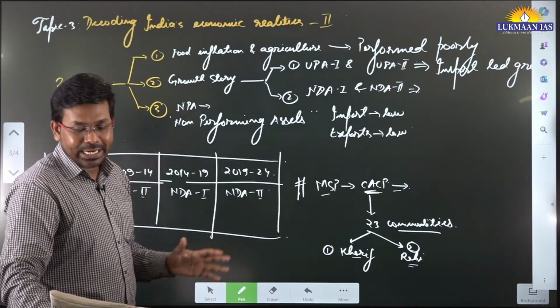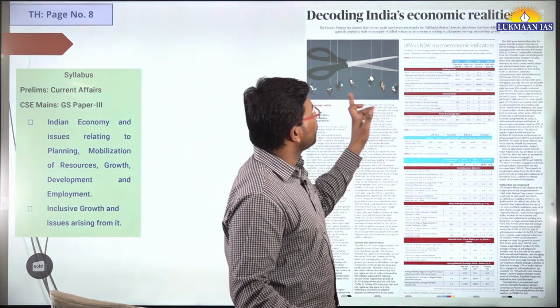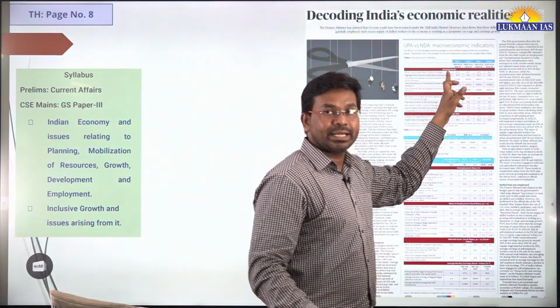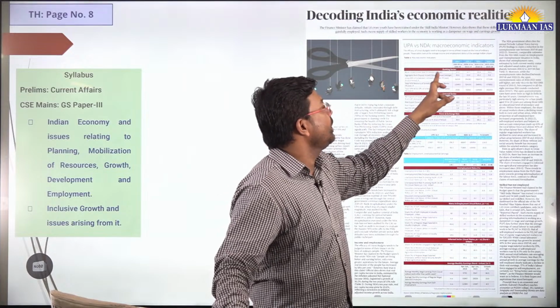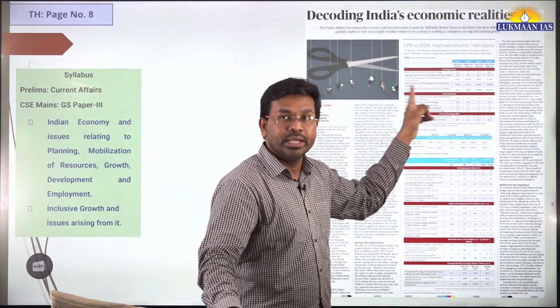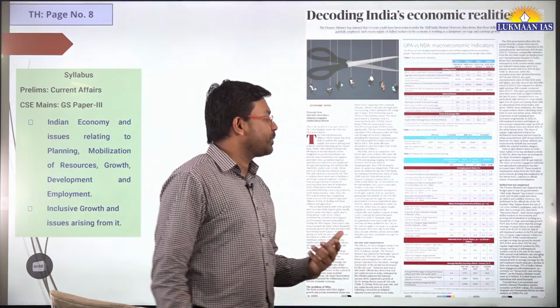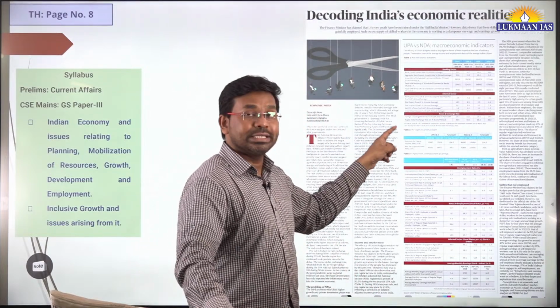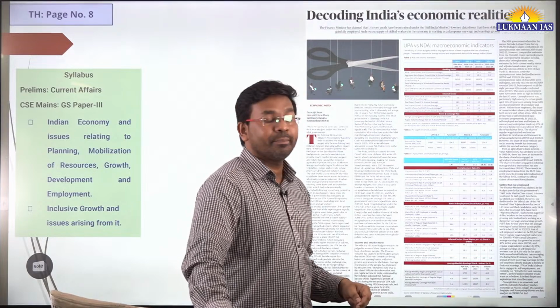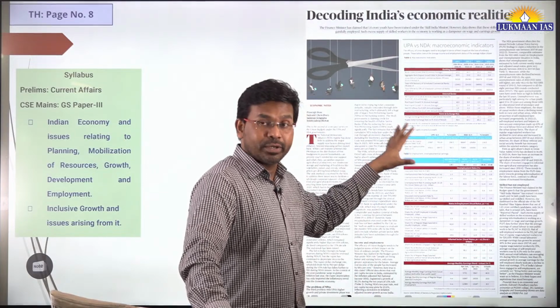Okay, so in this article they have given various tables also to look into the banking sector, how the banking sector has performed during the UPA tenure and NDA tenure, how the external sector has performed during the UPA and NDA tenure, how the forex reserves have performed, right? They have also discussed how the per capita income has grown for the common people.